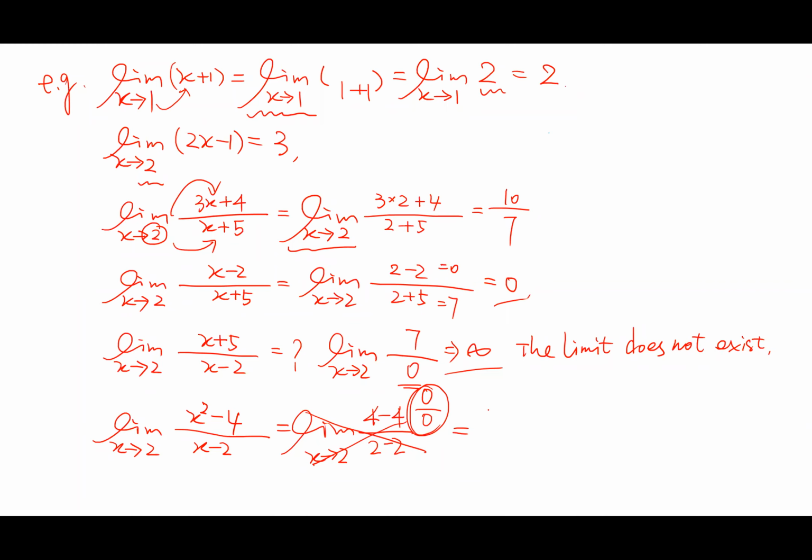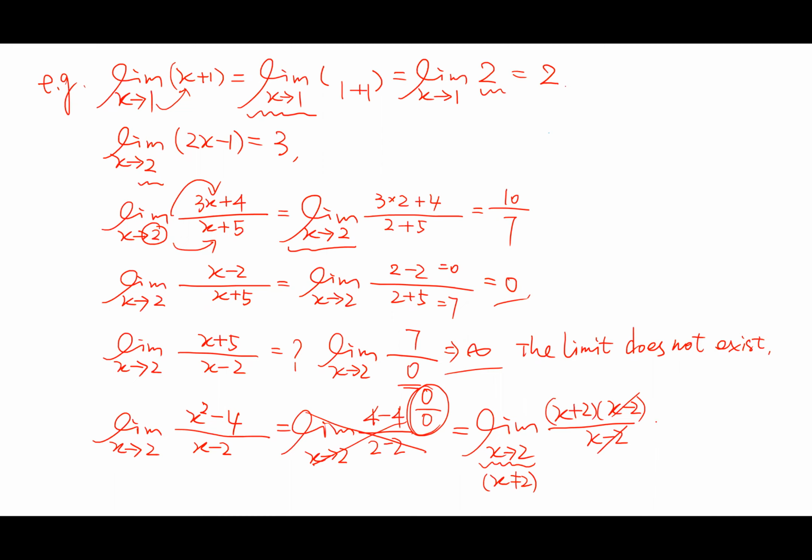We can see here the numerator x squared minus 4, then we can factorize here, right? That is x plus 2 times x minus 2, over x minus 2. And we know x approaches 2 means x does not equal 2, so the same factor can be cancelled.